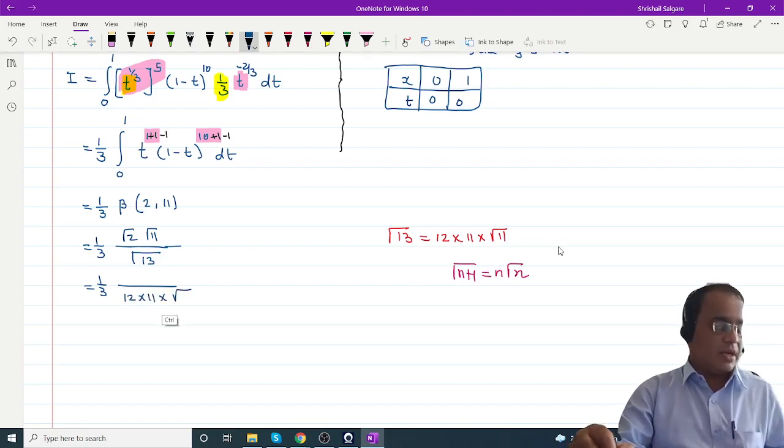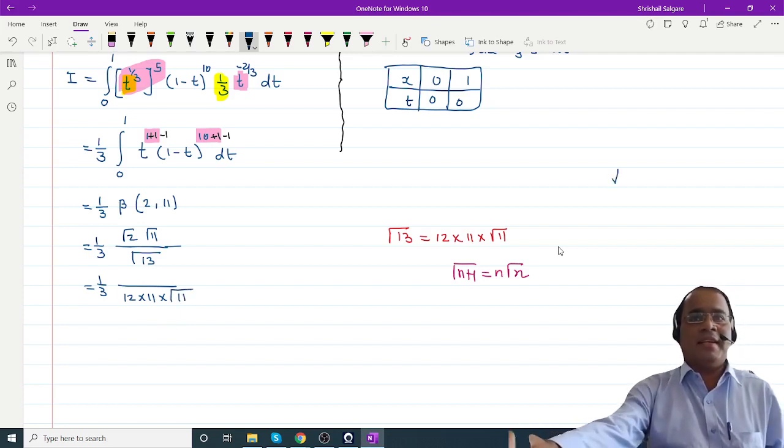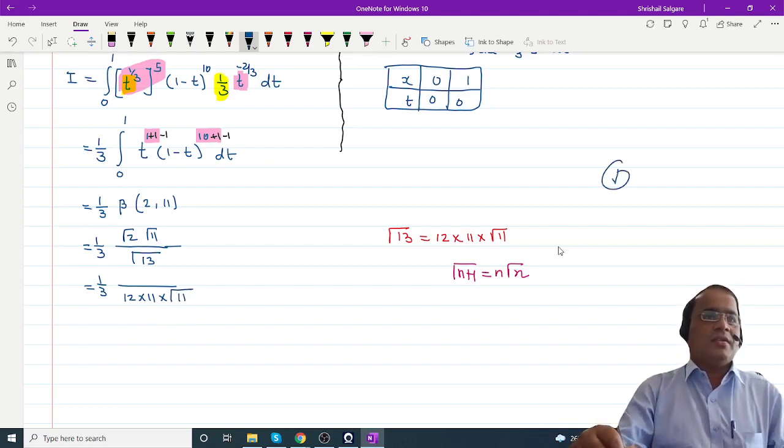Sorry, it is gamma, not square root. Students also write it like this, which is wrong. So gamma 2 is nothing but 1 factorial into gamma 11, so this gamma 11 and that gamma 11 get cancelled.